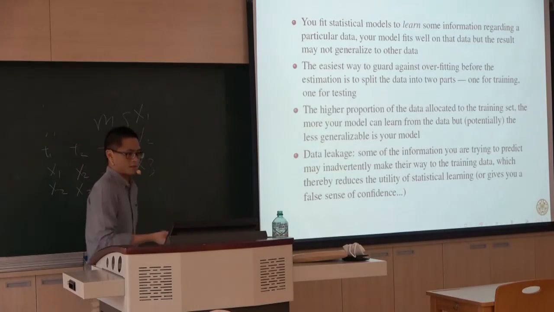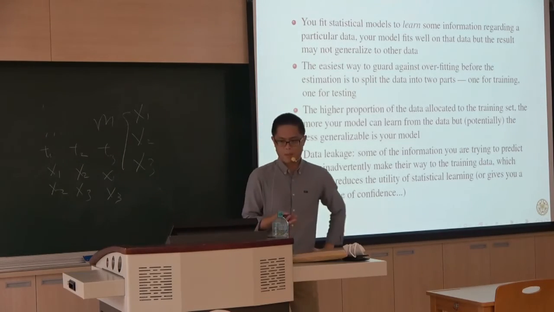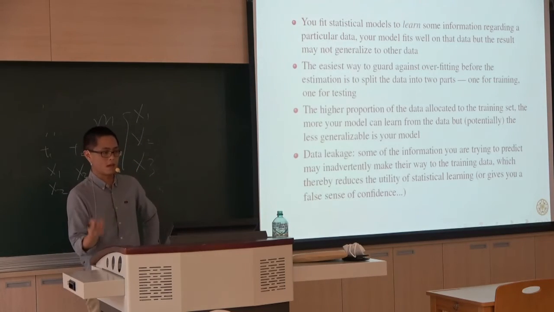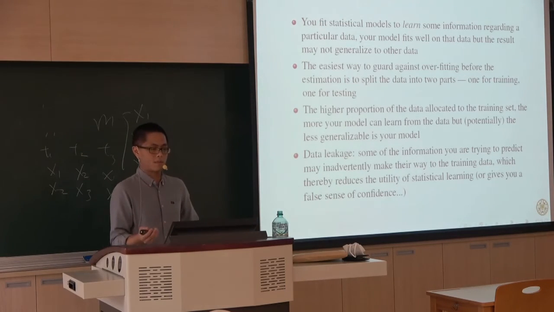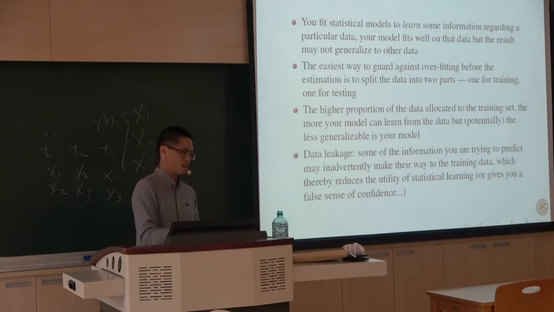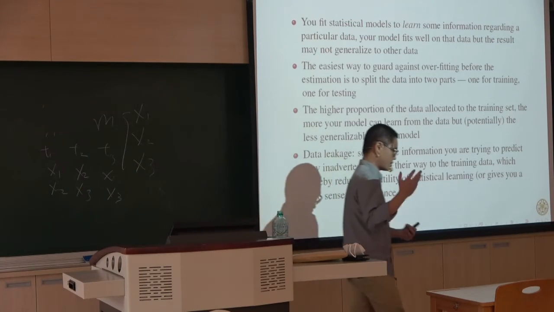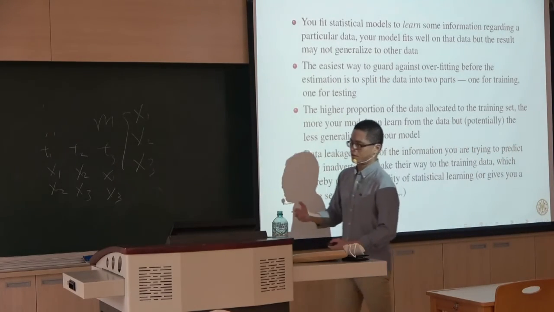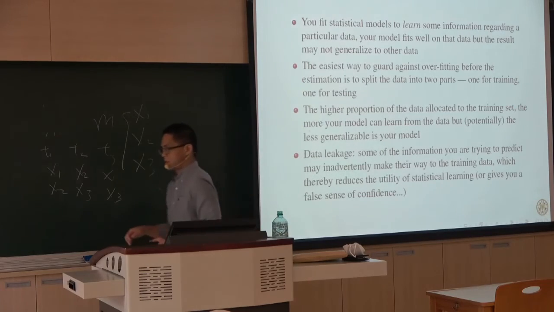Now the logic of train-test split. So why should we do a train-test split? Well, because if you use statistical models to learn some underlying information regarding the data, then your model fits well on the data, but there's no guarantee that the result can be generalized to all data. So you fit a really highly predictive model on the data which the model is trained on, and then you use the model, say a stock market model, to predict.